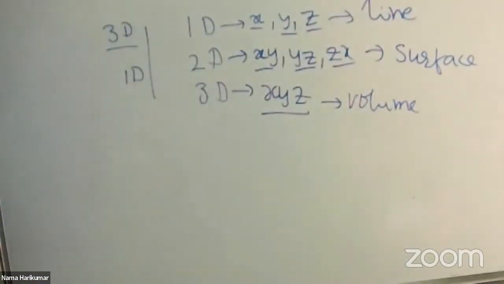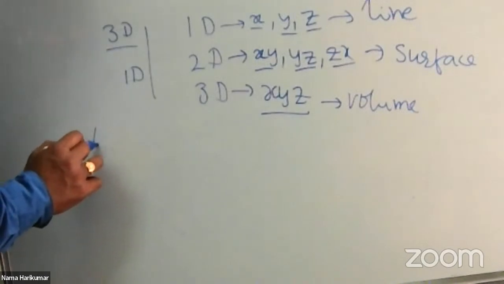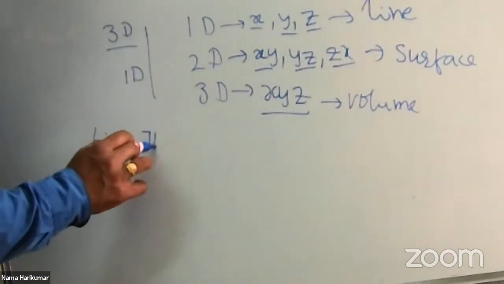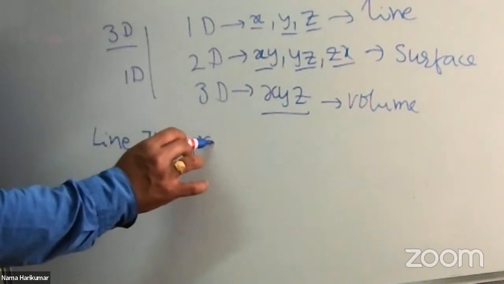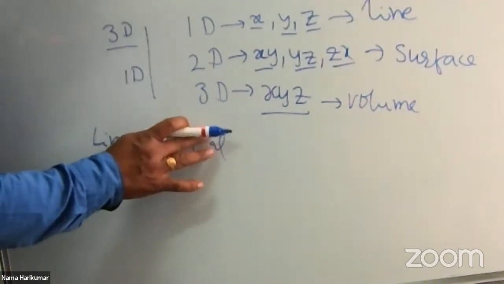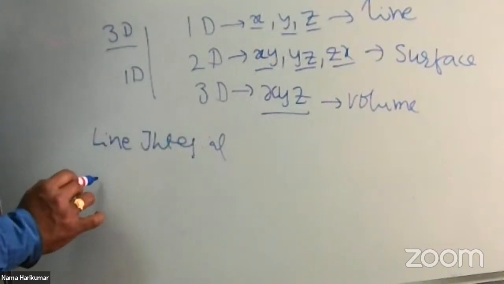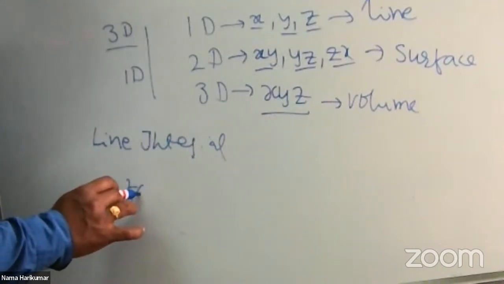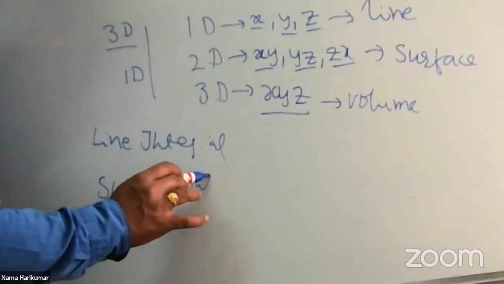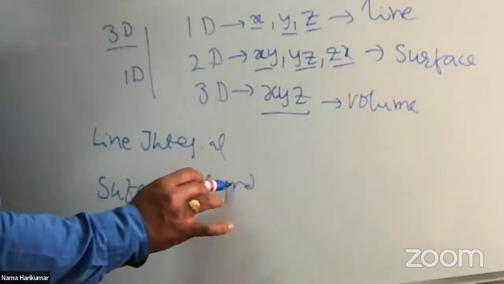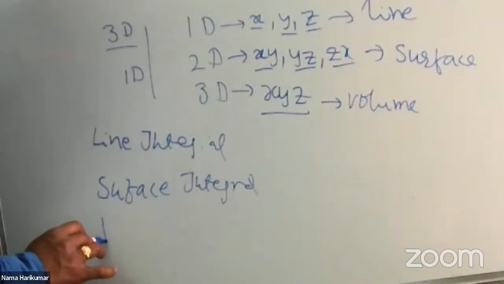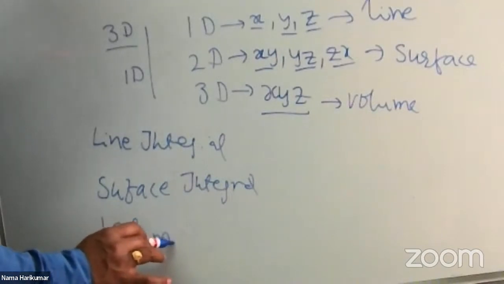So how many integrals do we have? We have three integrals. The first is the line integral, the second one is the surface integral, and the third one is the volume integral.